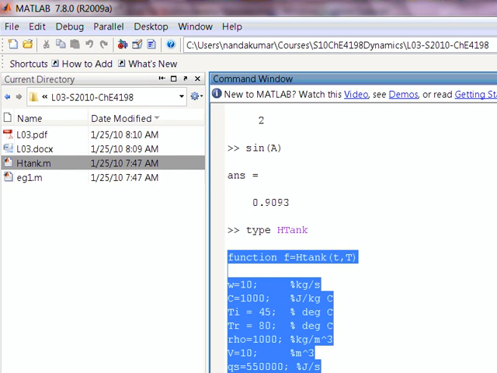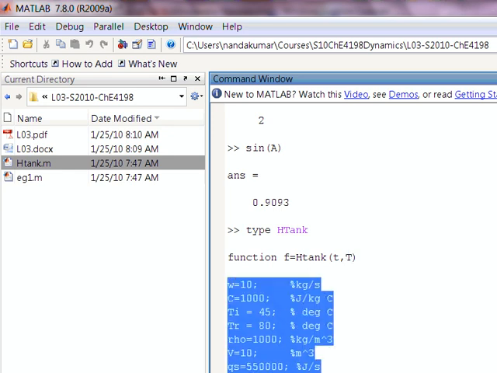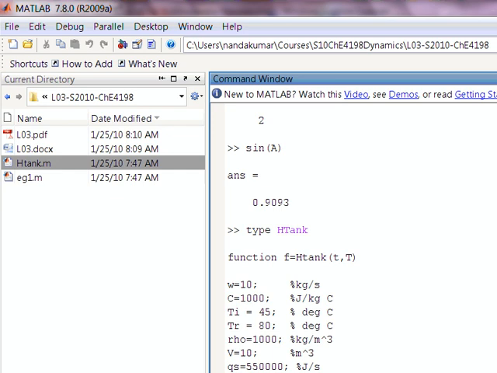So what this function is going to do is take a certain input for time t, lowercase, and certain input for temperature T, capital T. Take these two numbers, goes into that function htank, just like it went into sine with the value of A. Takes these two numbers, goes into the function htank, and then does all the calculations that are supposed to be done. These are all the statements. And the last one is f equals. So it calculates what the function value is and returns that function.